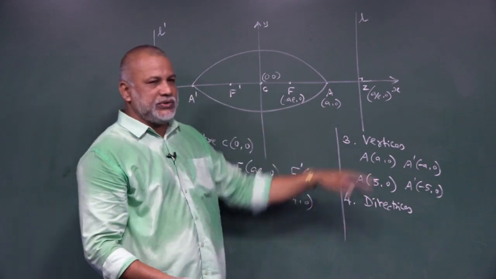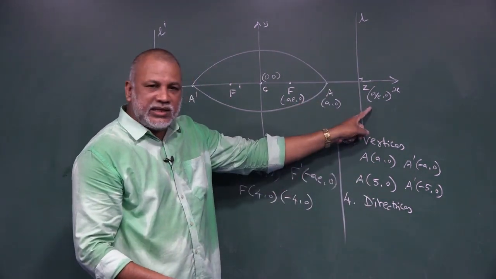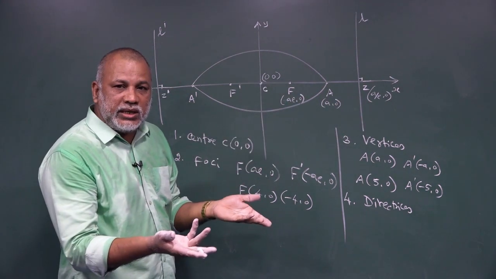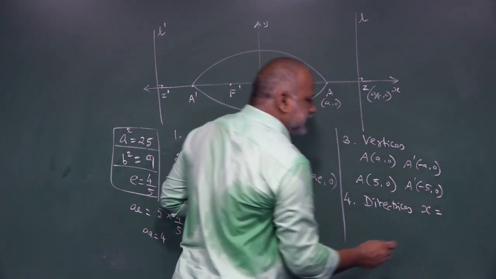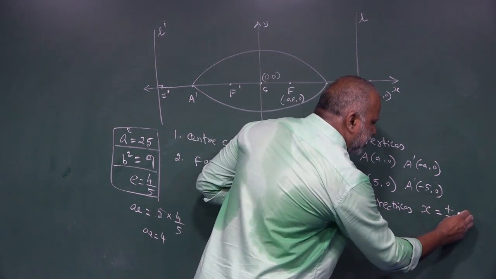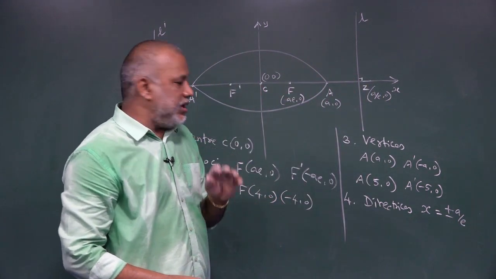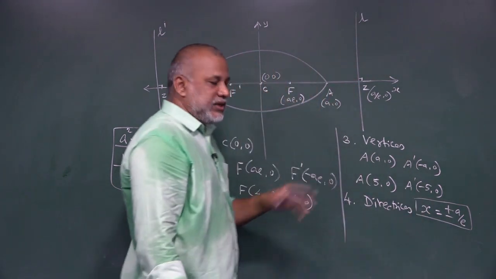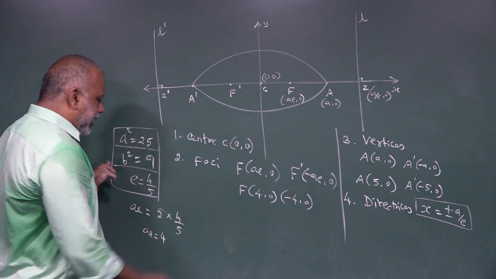Negative side, positive side. So there are two directrices. One directrix is x equal to a by e. Another directrix is x equal to minus a by e. Therefore the equation of the directrices is x equal to plus or minus a by e. This is the formula. Just we are working out the formula. See here, we need a by e. So already we worked out a.